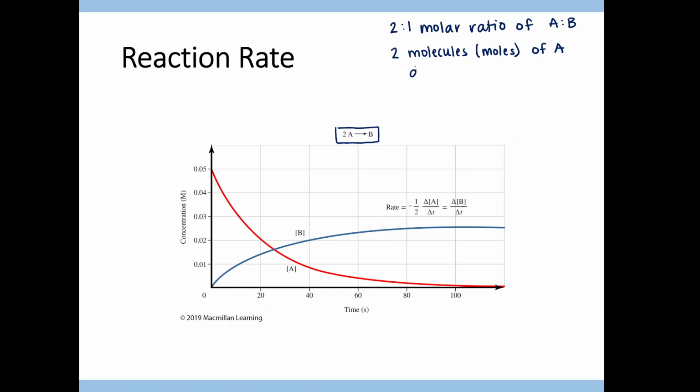of A disappear or are used up for every 1 molecule or mole of B that is generated.